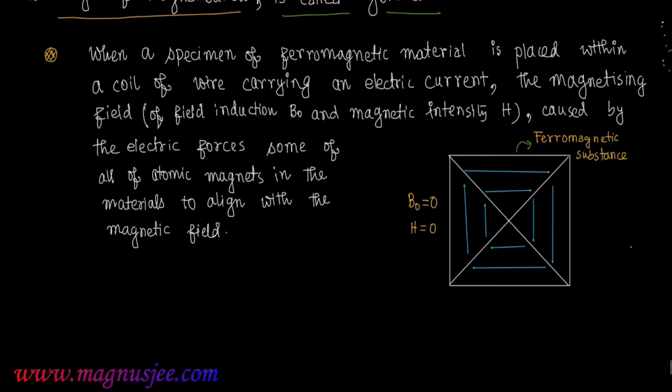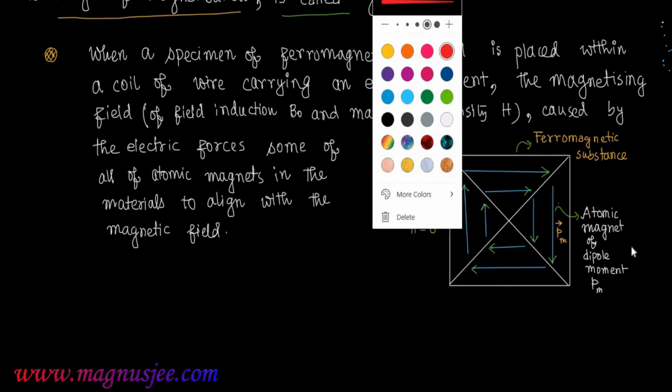Atomic magnets are aligned parallel to each other, but alignment will be different in four different domains. And it occurs when external magnetic field of field induction B0 is 0, magnetic intensity or magnetic field strength H is also 0. These are atomic magnets, and vector PM is the dipole moment which acts from south pole to north pole. Vector PM acts downwards in this domain.